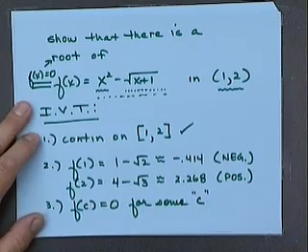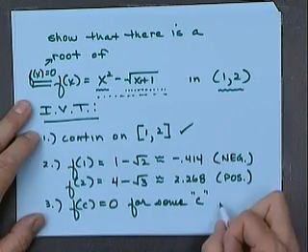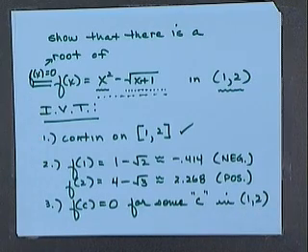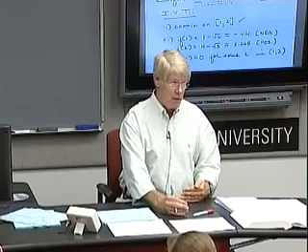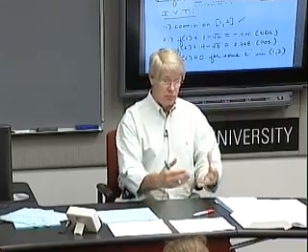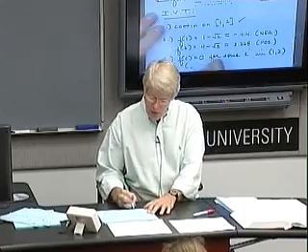So f of c is 0 for some c. As x goes from 1 to 2, f of x goes from negative to positive. You can't go from negative to positive without somehow crossing through 0. So therefore, it's got a root.